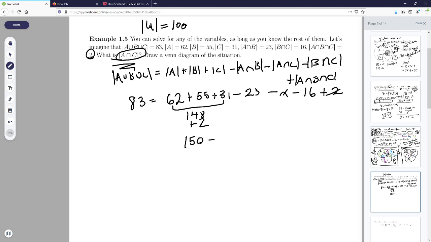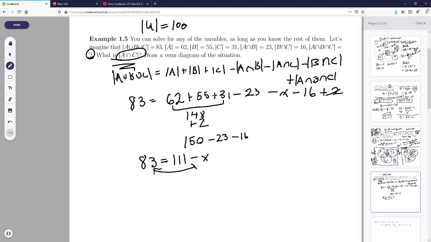And then we subtract off 23 minus 16. So 150 minus 23 minus 16 is equal to 111. So 83 is going to be equal to 111 minus x. So we can do one of these standard algebraic tricks where we flip them.